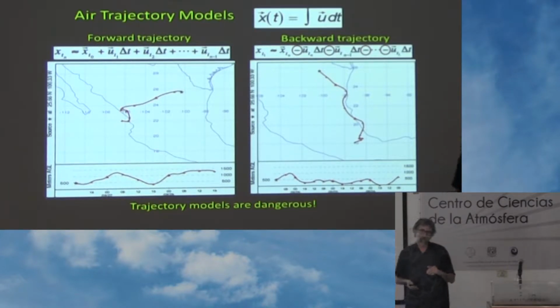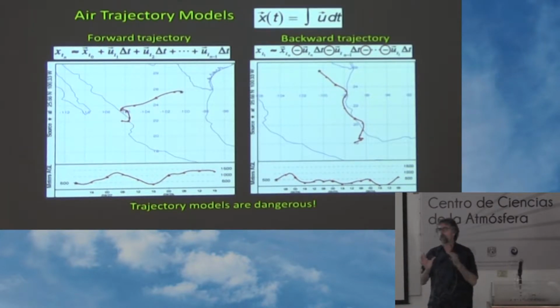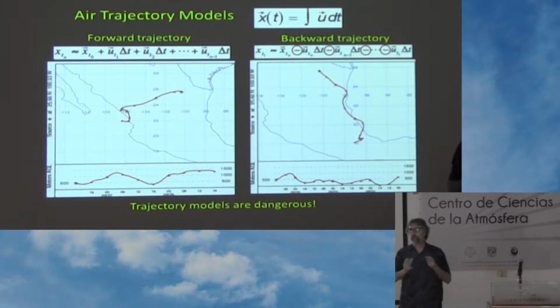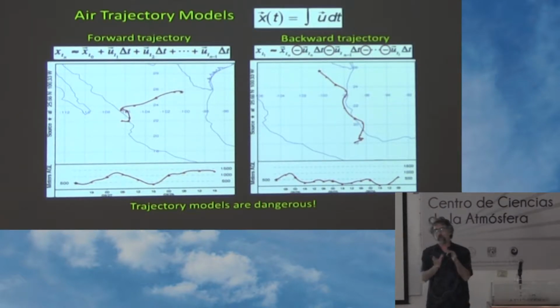air parcel. So in meteorology, we have this concept of an air parcel, which is a small unit of air. I like to think about it as a balloon without the skin. A small unit of air that moves along and it retains its properties except pressure.